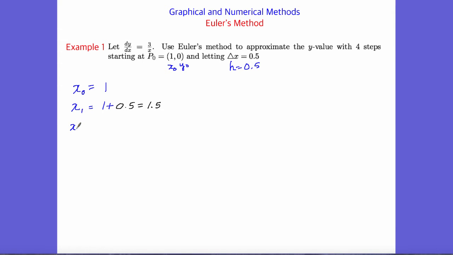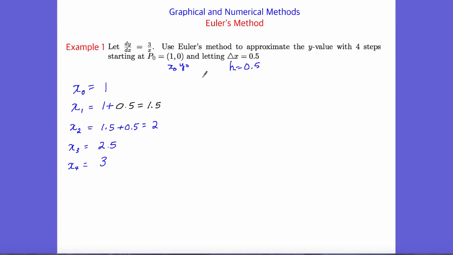The change in x is the same. So here's x2. That's going to be 1.5 plus 1/2, so that's going to make it 2. And that pattern continues. So we get x sub 3 is going to equal 2.5, and x sub 4 is going to equal 3.